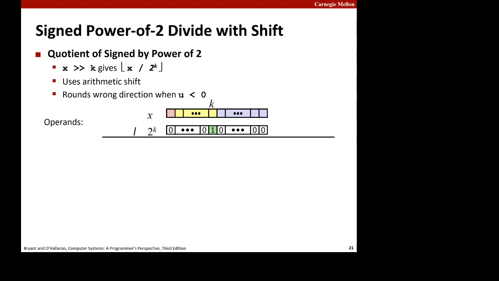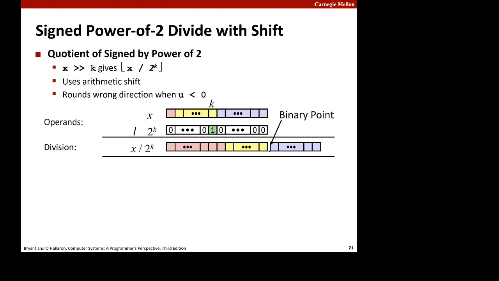For 2's complement numbers, you almost get the same result by shifting using an arithmetic shift, and that's why the arithmetic shift is there. The only problem is it doesn't quite do the right thing with negative numbers. So let's see if I can give an example.